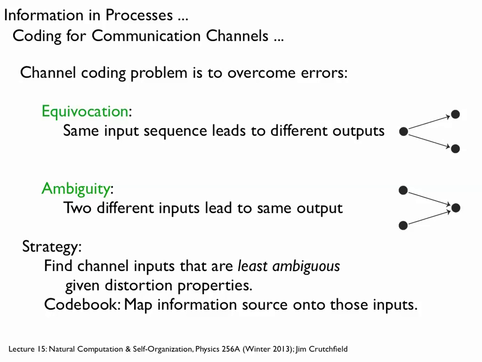So the strategy is the following. We want to find the channel inputs, a set of inputs to the channel, code words, that are least ambiguous, given whatever physical distortion properties we have, like the examples I just mentioned. And then the code book is simply to make a mapping, maybe probability weighted according to message probabilities, onto these least ambiguous code words, inputs of the channel.